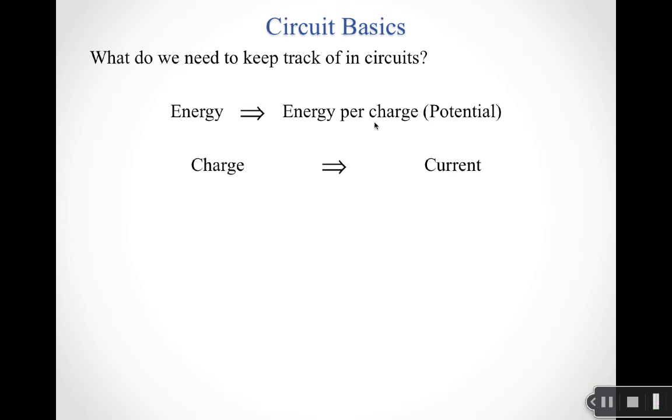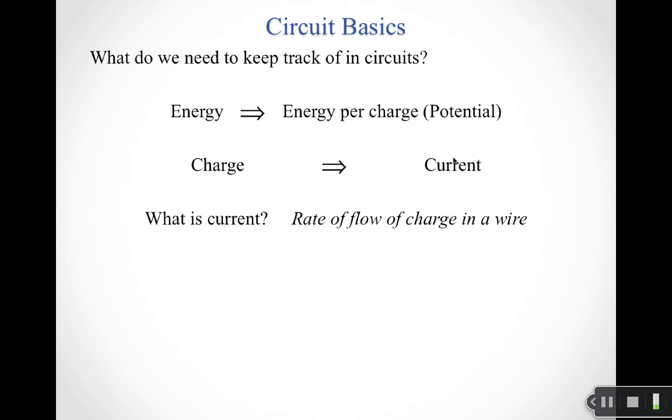And then the other thing that we'll keep track of in circuits is the charge itself. And we'll do that by keeping track of what's known as the current. So fundamentally, what is current? It's the rate of flow of charge in a wire, which is just a fancy way of saying that if you were to stand there and watch a particular spot within your circuit, you would watch some amount of charge flow by within some amount of time.